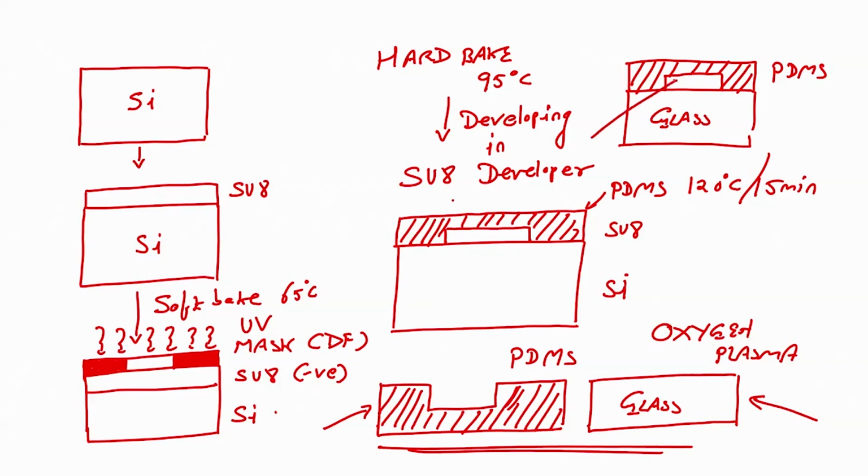So, this would be my channel, right, and this would be a microfluidic chip, right. So, I had to use only one mask process, you see, only one time we have used mask, single mask process.